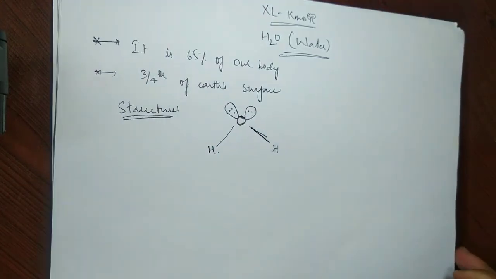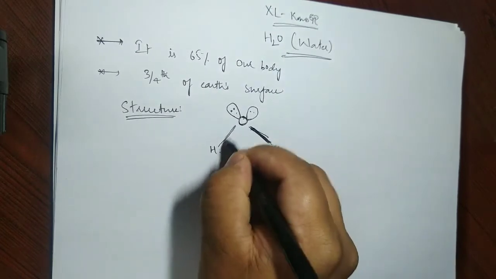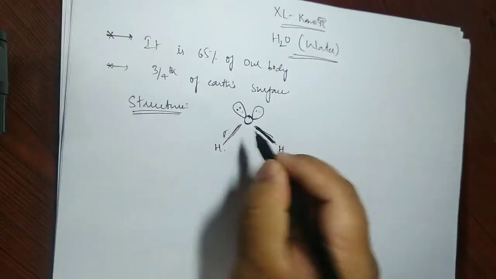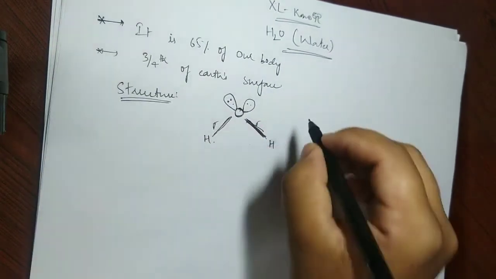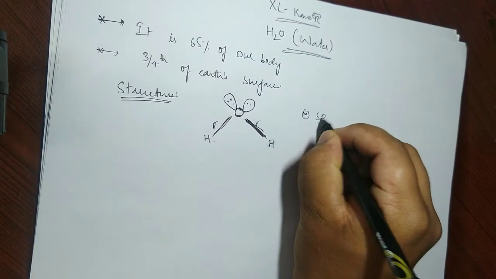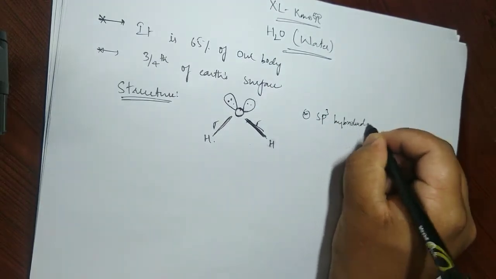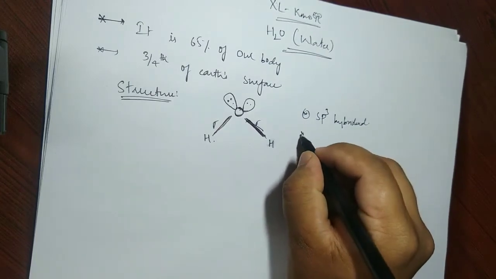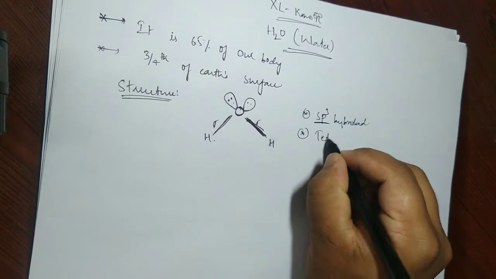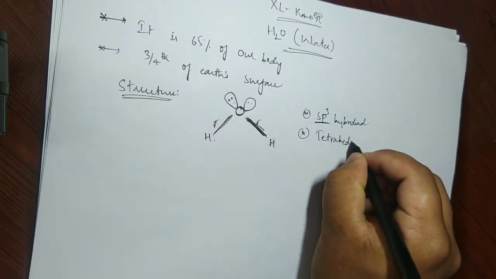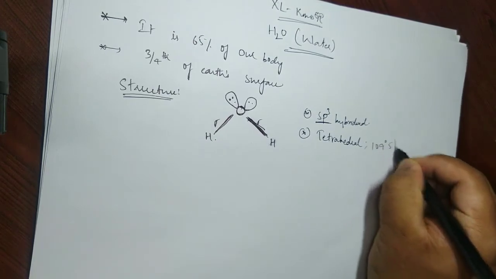So this is what the water molecule looks like, and these two bonds are sigma bonds. The hybridization is sp3 hybridized. And because it is sp3 hybridized, normally we know that it should be tetrahedral with a bond angle of 109 degrees 5 minutes.